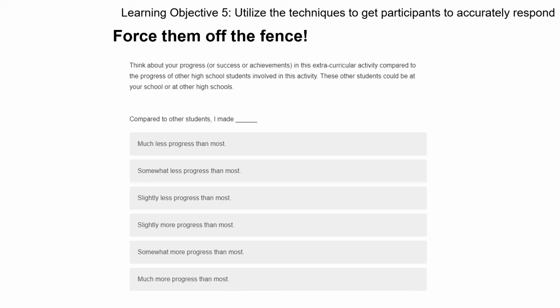So you see there's 6 responses here without a middle response, because there's no option for that. So that's one of the things you can do. If you're worried about them being on the fence, force them off it by making no middle answer.